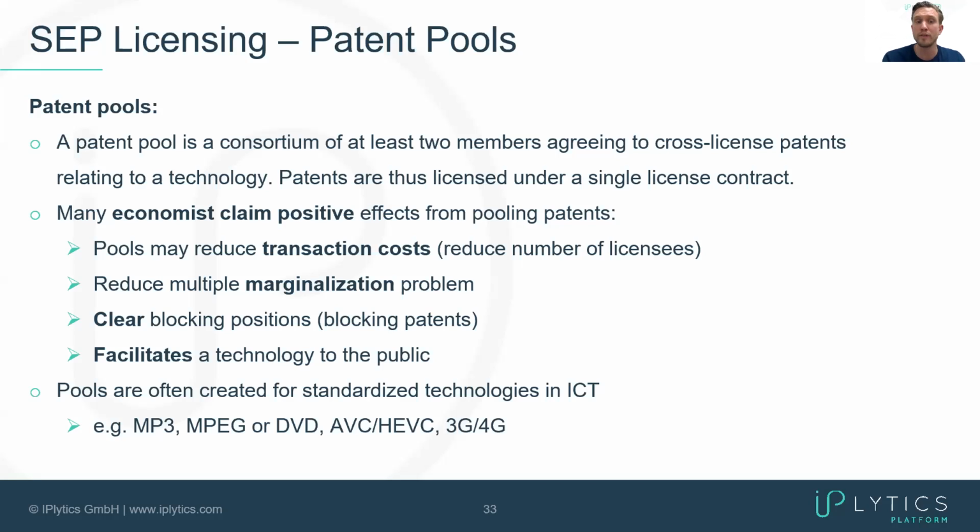Then we have the multiple marginalization problem. That's a more economic theory problem, but it actually applies often. What is that? It is a situation where, let's say we have 100 essential patents, making that simple. And all companies own 10%, right? And we have 10 patent owners. That means Apple owns 10 SEPs.